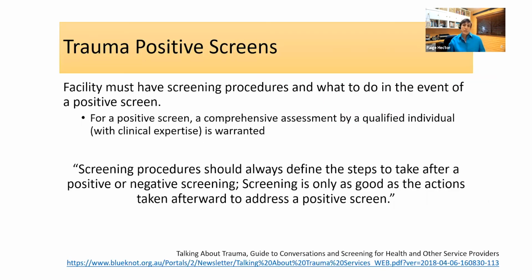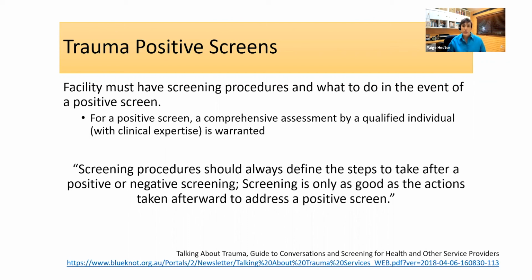Now, let's jump back into trauma screening. In the event that you have a resident or a patient that indicates yes, that they've been screened and there's a likelihood of a positive trauma experience, your policy needs to be clear of what the staff would do next. For example, a comprehensive assessment by a qualified individual, someone with clinical expertise.